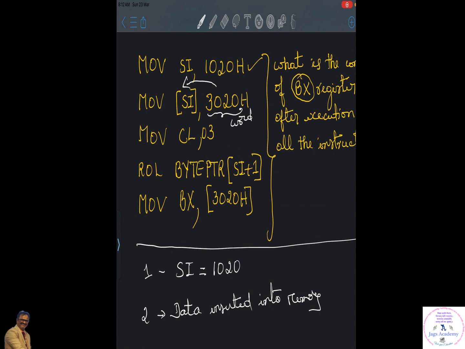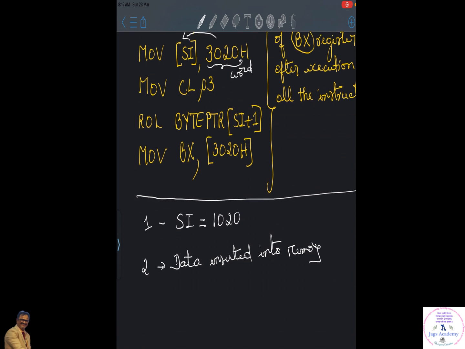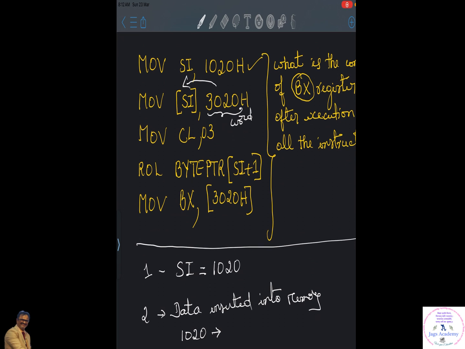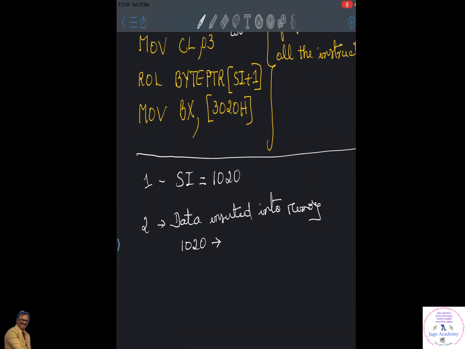The offset address is in SI, which is 1020. So in the offset address 1020, you get the lower byte of your word. The lower byte of your word is 20. So first in the 1020 location, 20 will come.